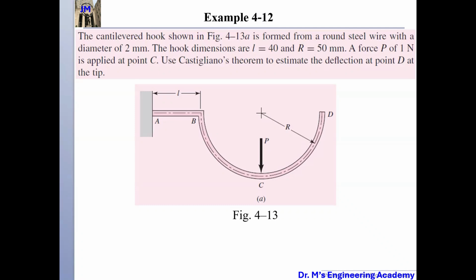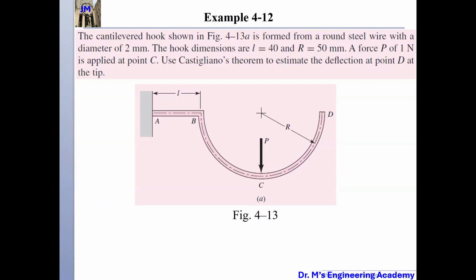Because it is the same beam, we only use the contribution of the bending moment M, and all other contributions we just ignore. Make sense?